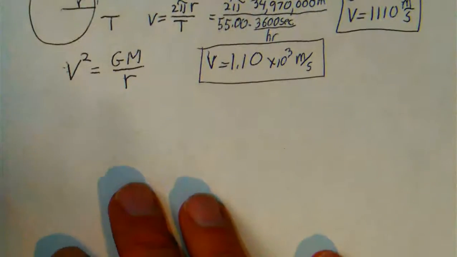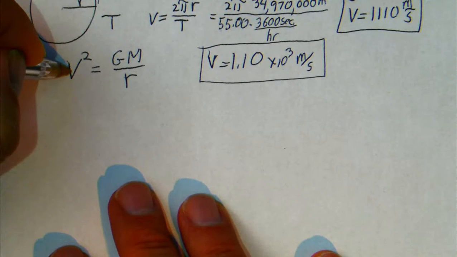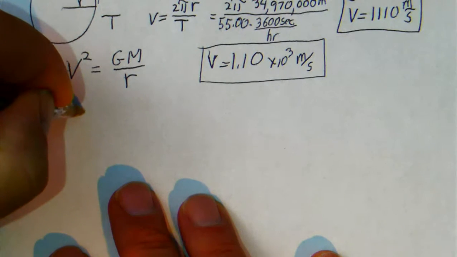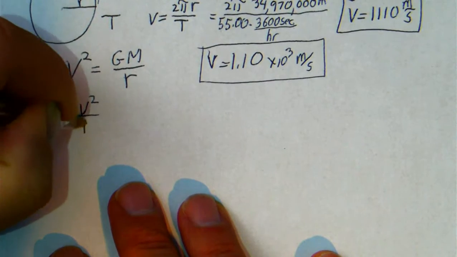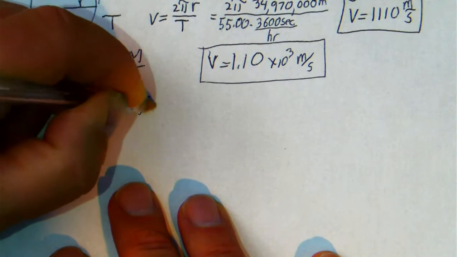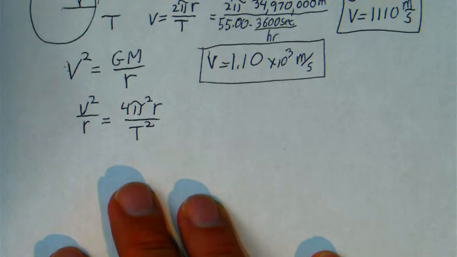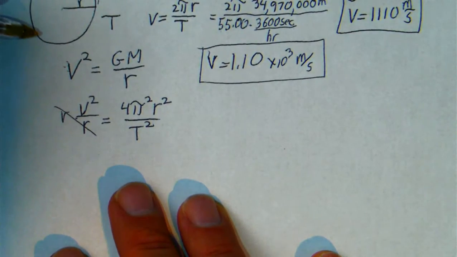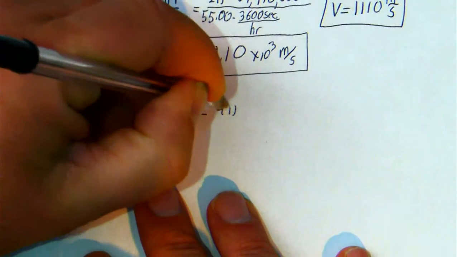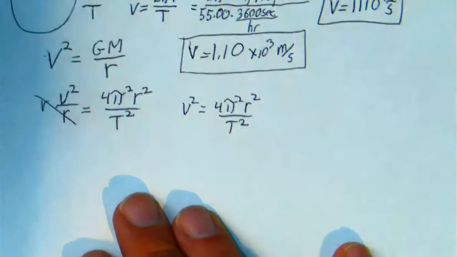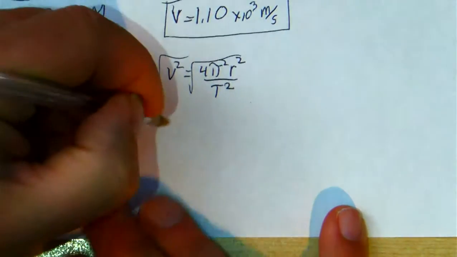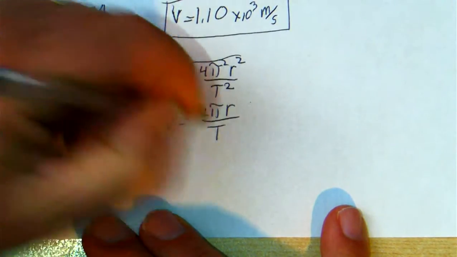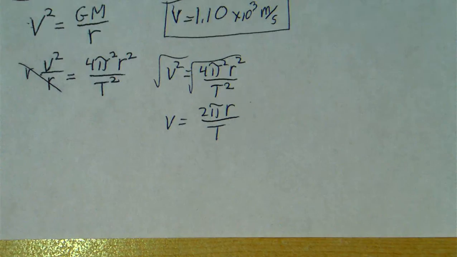And then finally, what if you just tried to do it hopefully algebraically, that says if v squared divided by r is equal to 4 pi squared r divided by T squared, eventually, if you multiply both sides by r, you get v squared equals 4 pi squared r squared over T squared, and you take the square root of both sides, and you have v is equal to 2 pi r divided by T, which is where I started from with geometry.